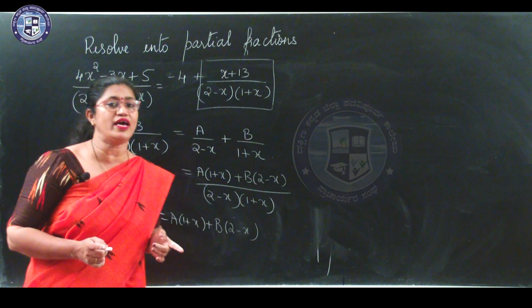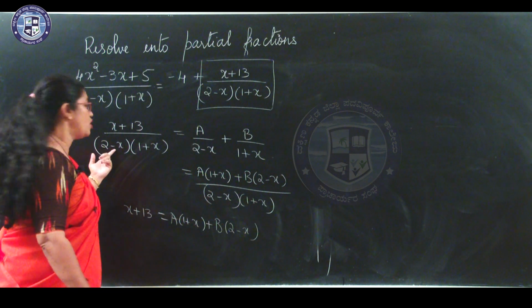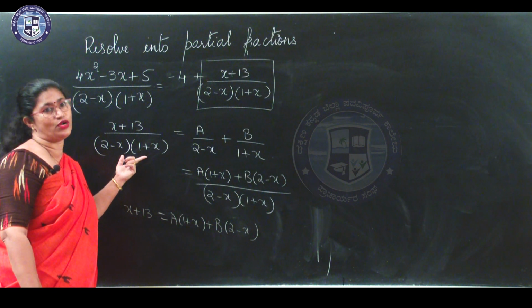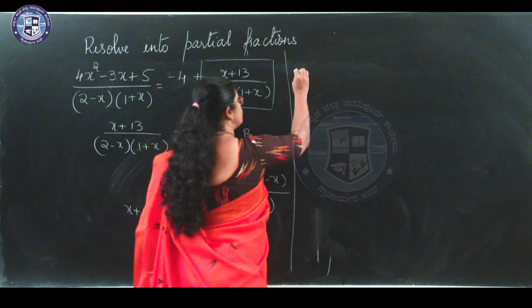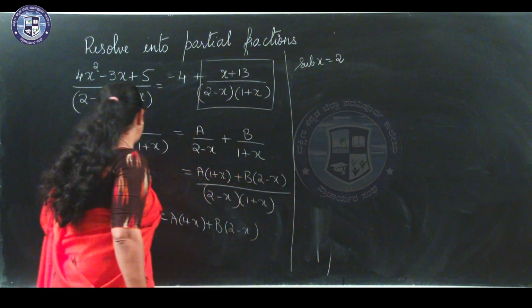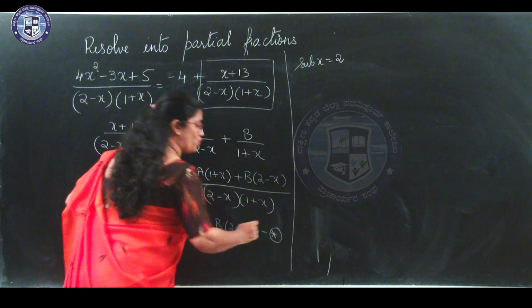Now, I need to get the values of a and b. Substitute. What are the values? Which makes this 0, x equal to 2, which makes this 0, x equal to minus 1. Let us quickly substitute. So, if I substitute now, x is equal to 2, where do I substitute? In this equation.